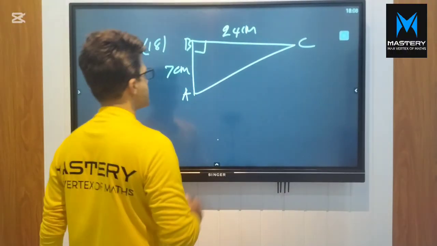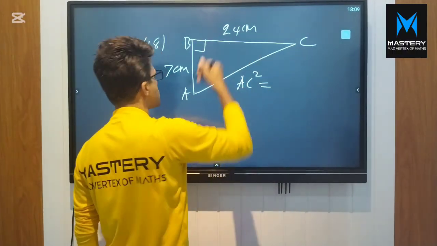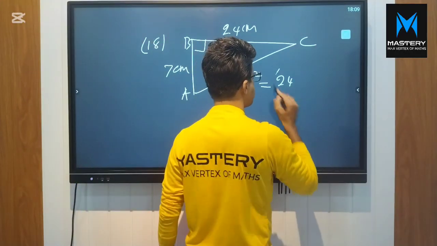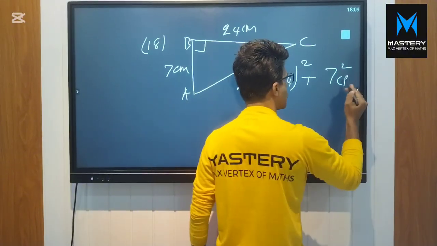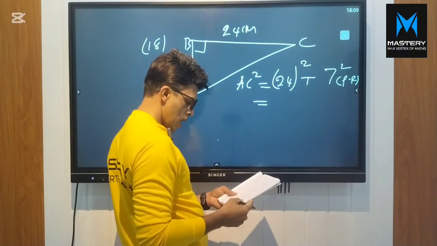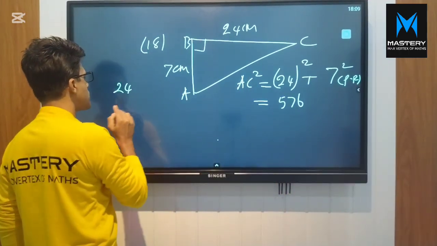How do you get the value of AC here? AC squared equals BC squared plus BA squared, which is 24 squared plus 7 squared. In the brackets you could mention PR, meaning Pythagoras relation. 24 squared is 576, which means 24 multiplied by 24.